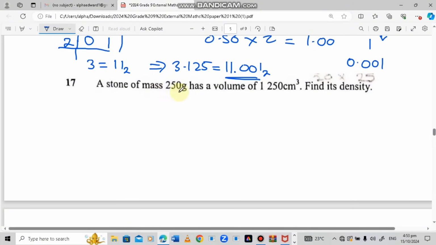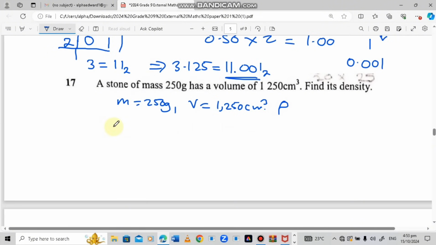Question 17. A stone of mass 250, so the mass is 250 grams, has a volume of 1250 cubic centimeters. Then find the density rho.